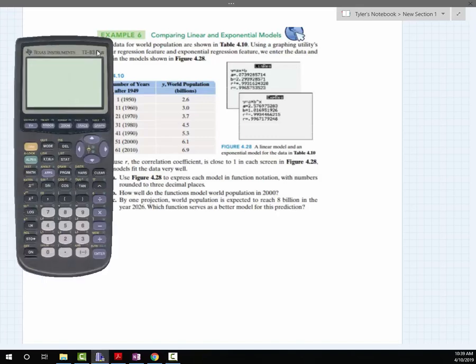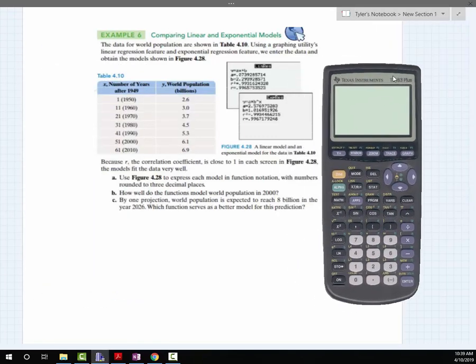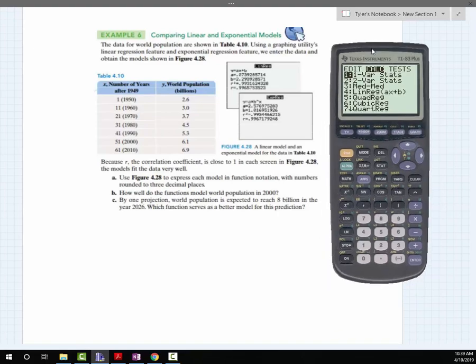So I mentioned before that you won't have to be able to build the model, but just so you know where we're coming from, you can also graph a scatter plot with your graphing calculator. If you go to the stat menu and then go to edit, this is where you can enter in the lists.